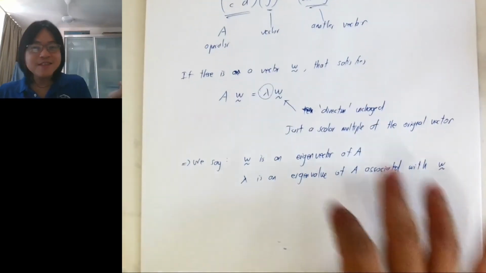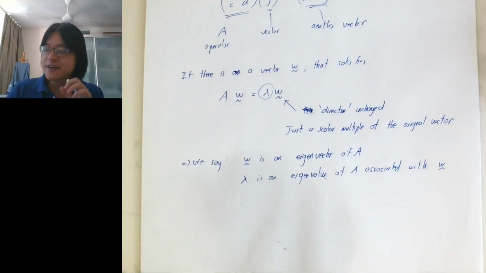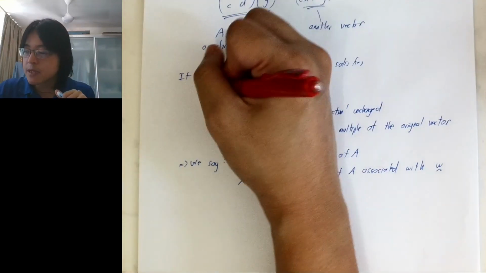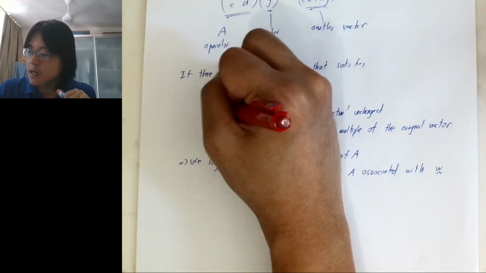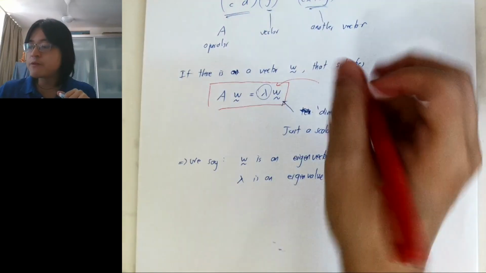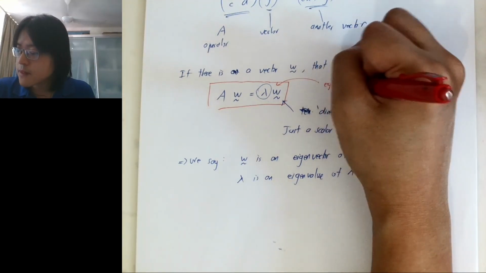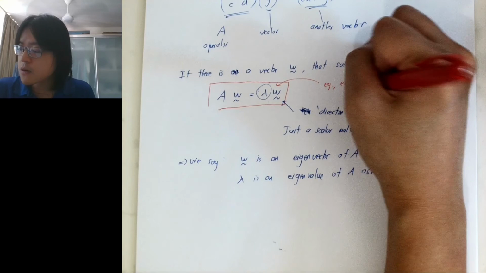You see, linear algebra comes in left and right, here and there, but in quantum mechanics this concept is very important. The reason is that this eigenvalue will be related to things like the energy of the system, or the angular momentum of the system.